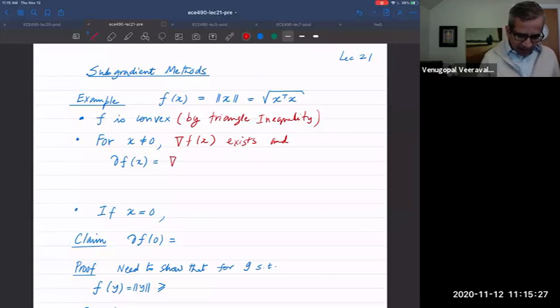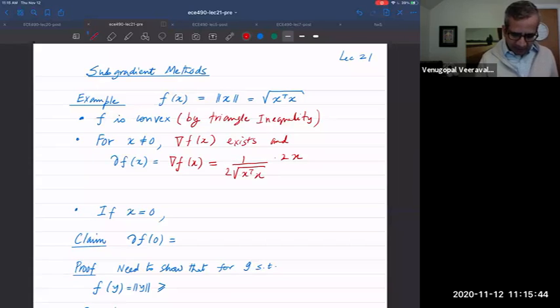So in this case, the sub-differential is the same as the gradient because the gradient exists. It's 1 over 2 square root of x transpose x, times 2x, right? And this is equal to x divided by the norm of x. The 2's cancel. So that's the gradient when x is not equal to the 0 vector. If x is the 0 vector, then of course you can't divide by 0 there. So that's one reason why the gradient does not exist.